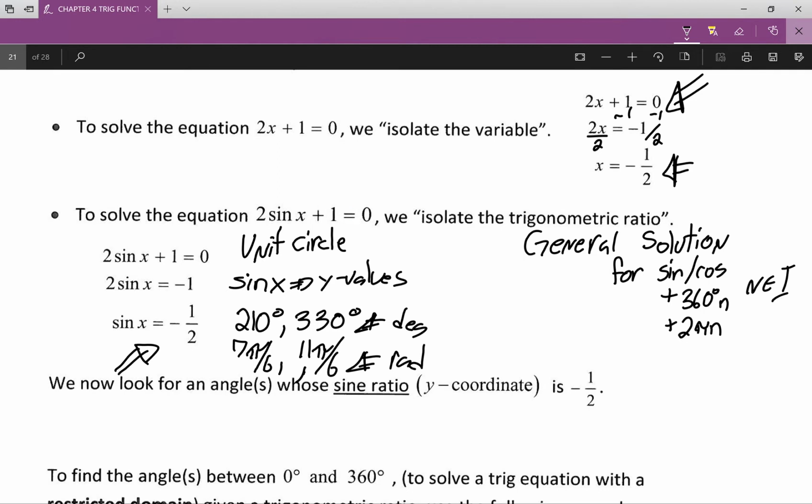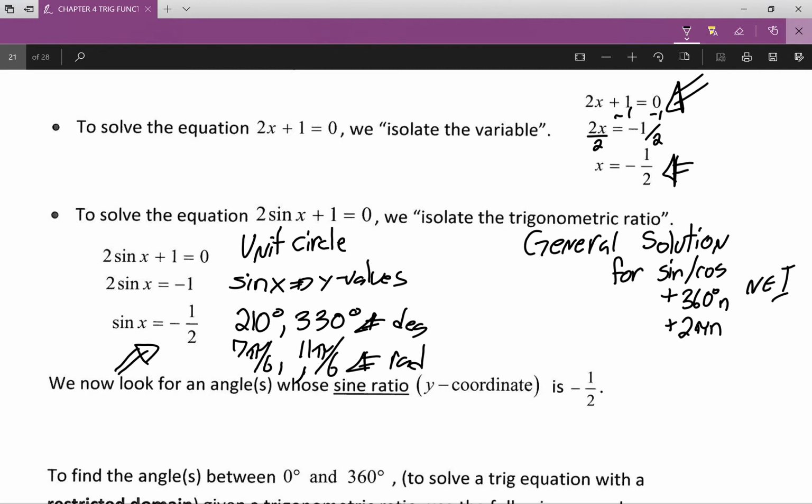For integers you can use either an I or a Z, but that's something for a different time. When we see this 360n where n is in the set of integers, what is an integer? My integers are 0, 1, 2, 3, 4, negative 1, negative 2, negative 3, negative 4. So those are the whole numbers that are positive and negative.